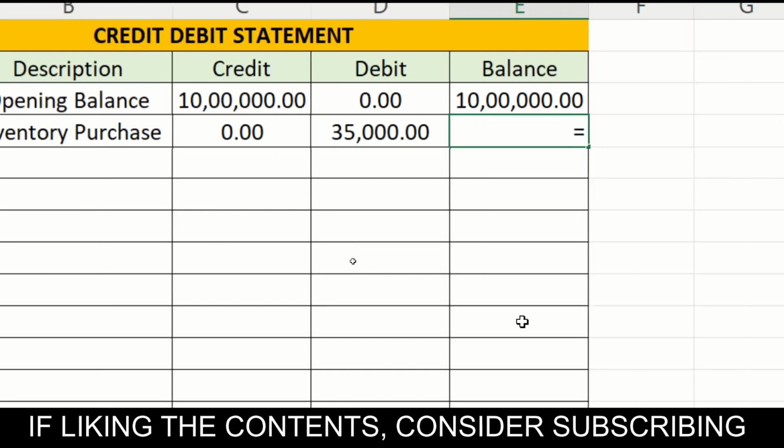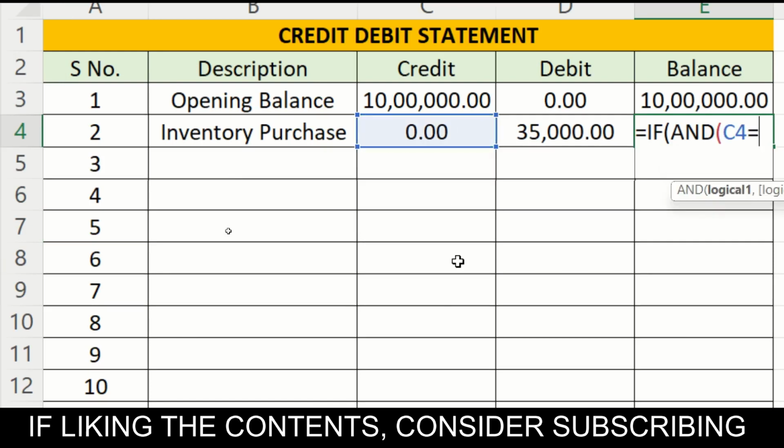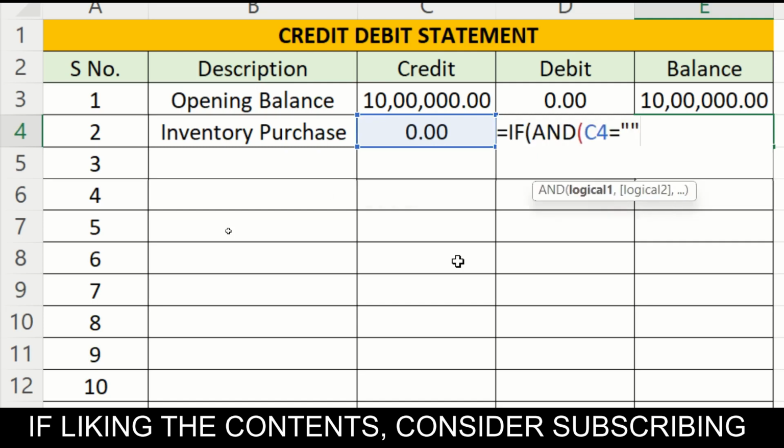Okay, the formula will be like IF, and there will be one more logical test, and that will be like if this cell, I mean the cell C4, if this is equal to blank, and if the adjacent cell D4 that is also equal to blank, then the result should be the previous balance, that is E3.